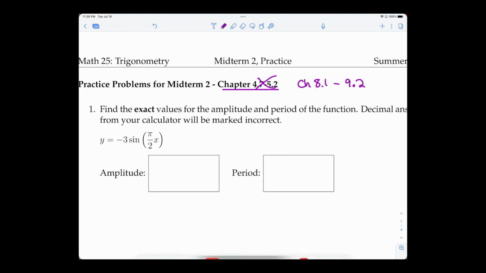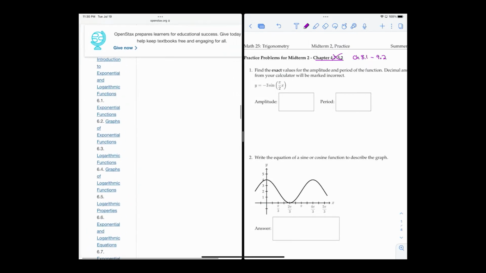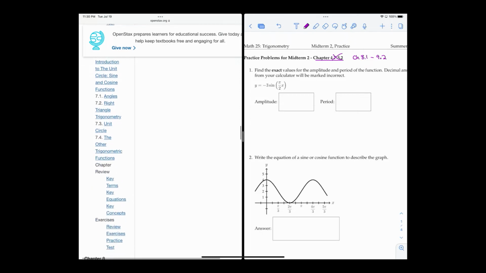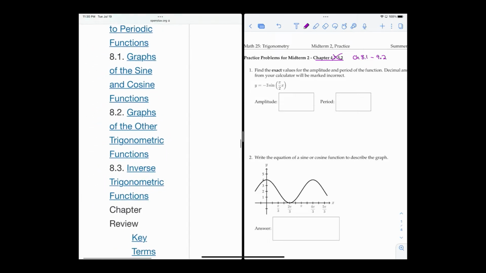So let me just open up a web browser here. I guess I can scroll through and point out those sections. If we look at the textbook here, you can see what sections we're talking about.